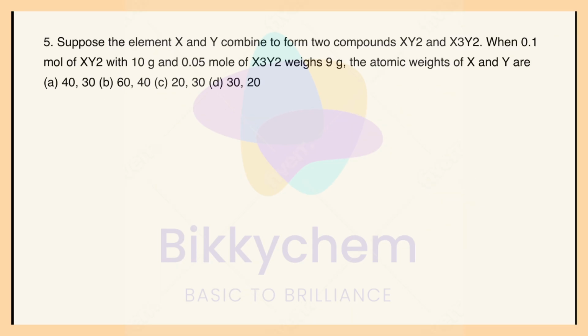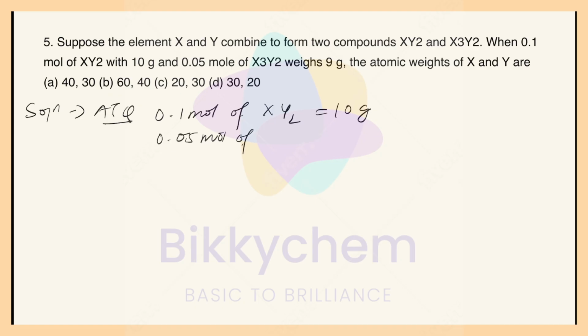Okay, now let us consider this question. We need to find out the molecular or atomic weight of X and Y from the molecules given, XY2 and X3Y2. So according to the question, 0.1 mole of XY2 is 10 gram and 0.05 mole of X3Y2 is 9 gram.